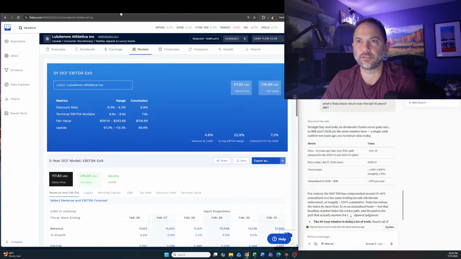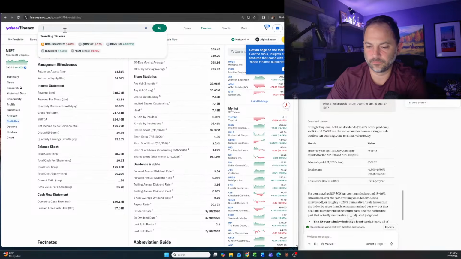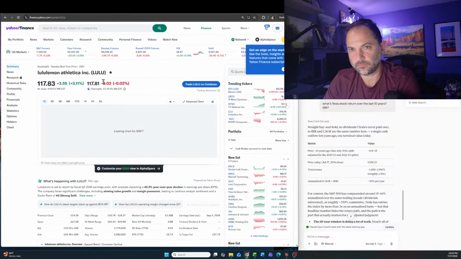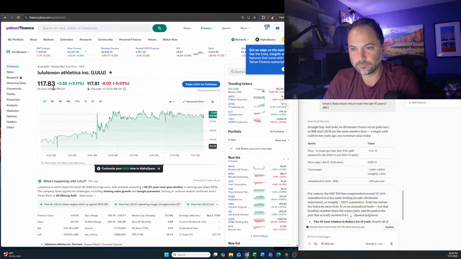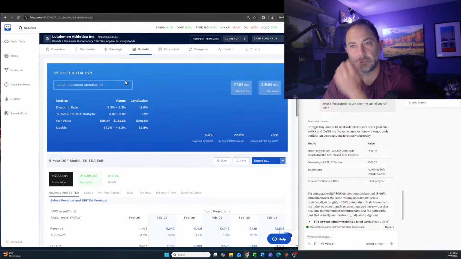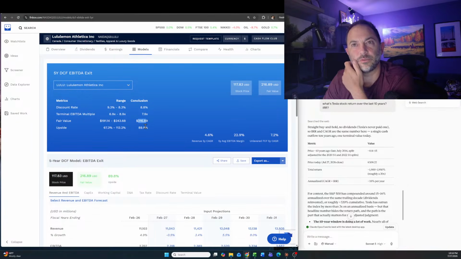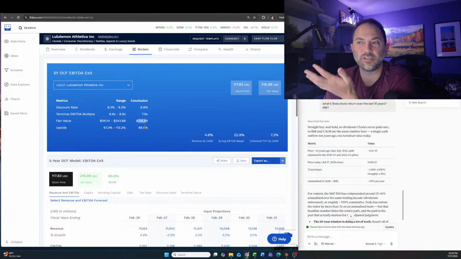What's it trading at currently? $117. This is saying fair value's 260. So there's a doubling there someplace.